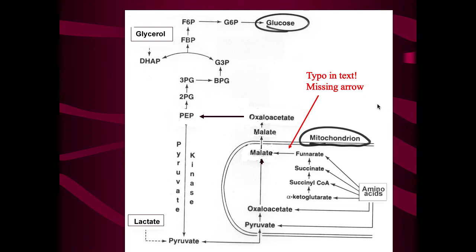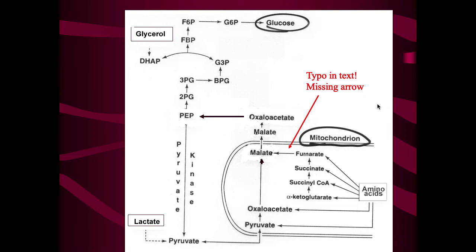Glycerol goes into the blood, goes to the liver, and the liver can take that glycerol and make glucose. So you get a little bit of glucose from triglycerides, not from the fatty acids. That's what this shows: 3 carbons go to DHAP, then back to glucose.